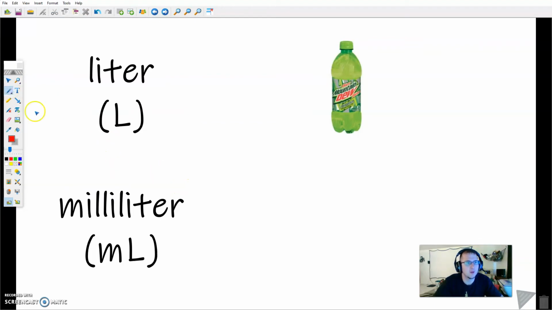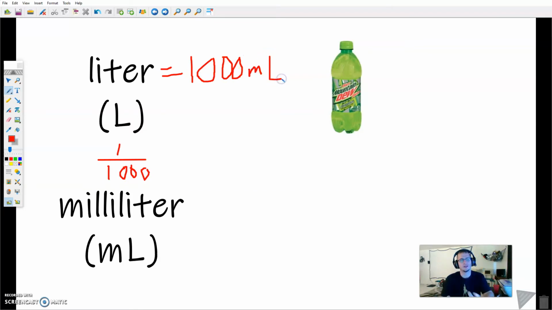Milli means 1/1000th. So that means 1 liter is equal to 1,000 milliliters.